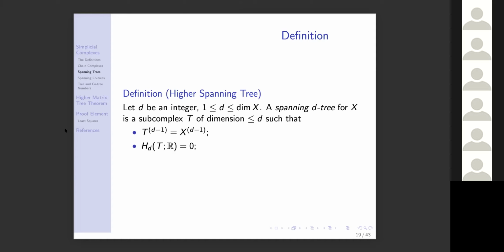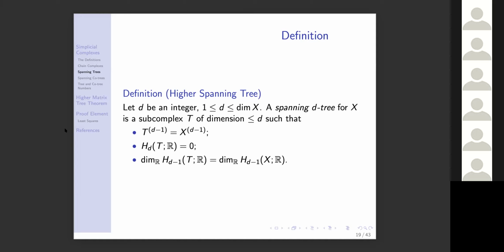The top dimensional homology of T vanishes. That is the d-dimensional homology. And the last condition is the dimension of the homology with coefficients in the real numbers in degree d minus 1 of T is the same as that of X. That is, there's no change in the d minus 1 homology.